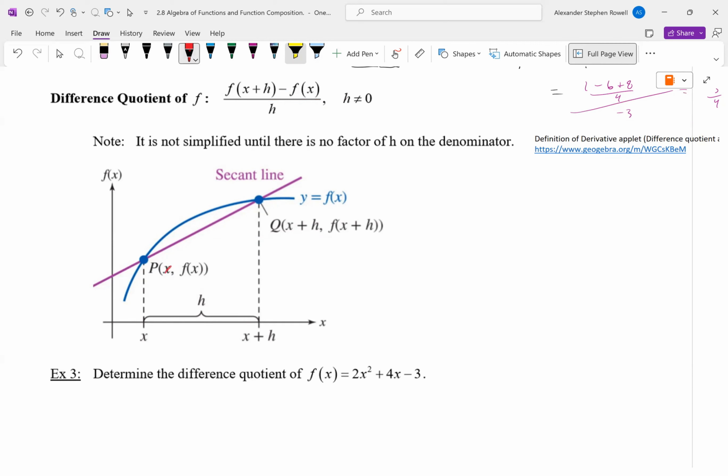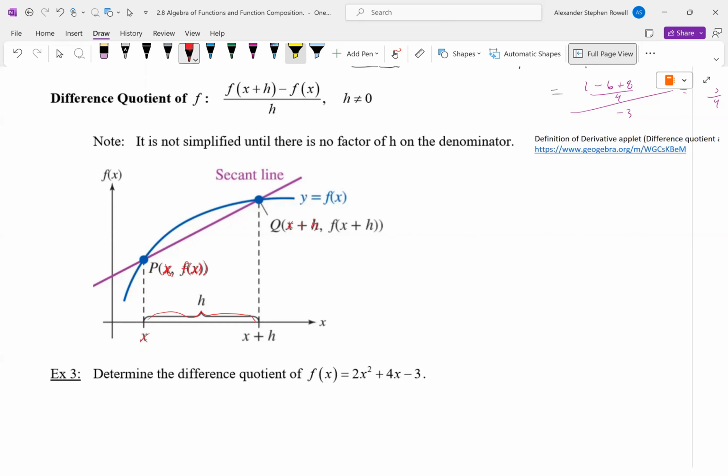If I have an ordered pair, x and f of x is a y value, it's x, y, right? What if I want to go a little bit to the right? Let's say I want to go h units to the right. Then if this is x, or this is 5, it would be 5 plus h. You just add it, so x plus h. How do you find the y value when the x value is x plus h?